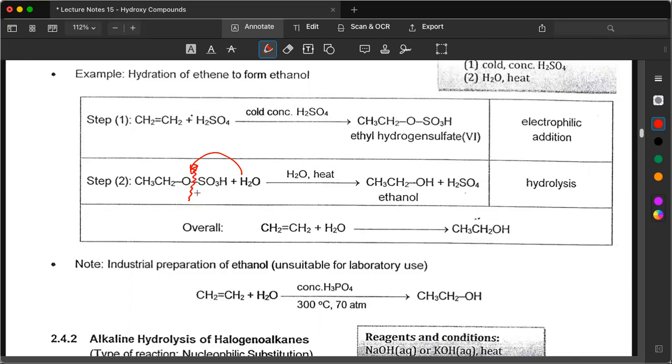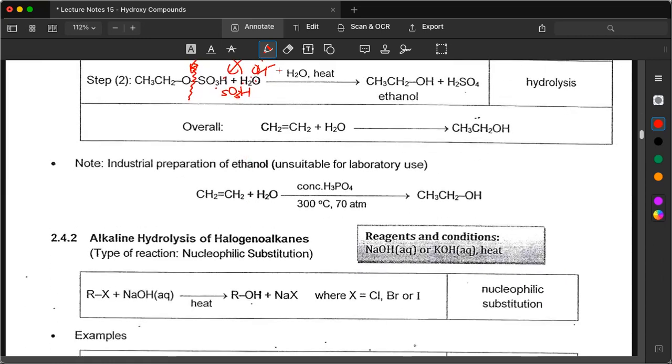The other H and O will form H2SO4. So you have the H plus and the OH minus formed with the SO3H.